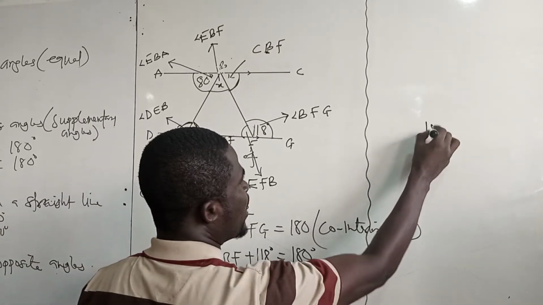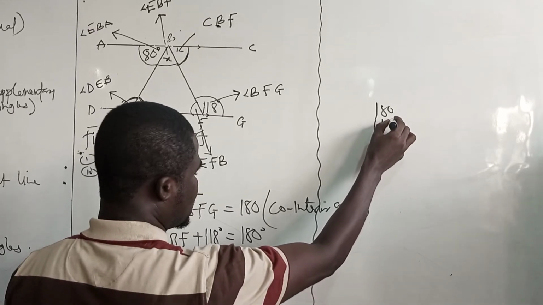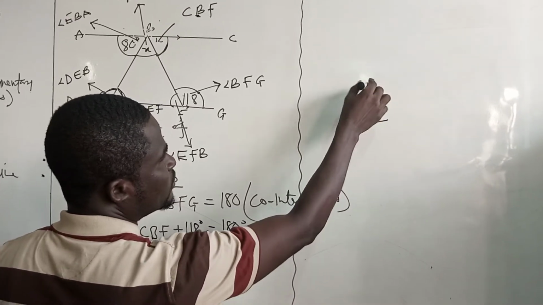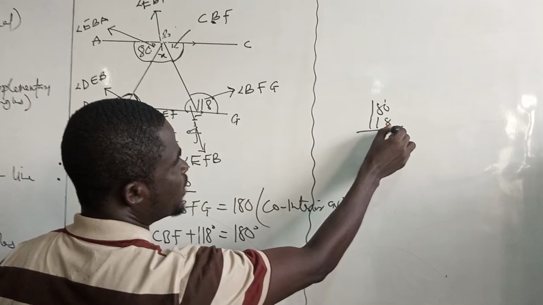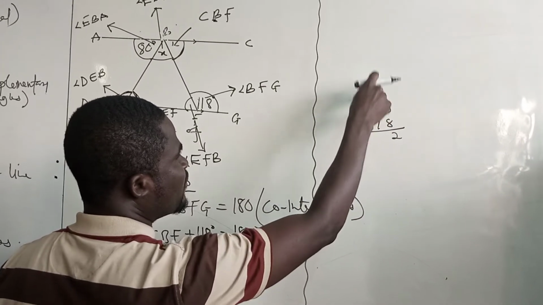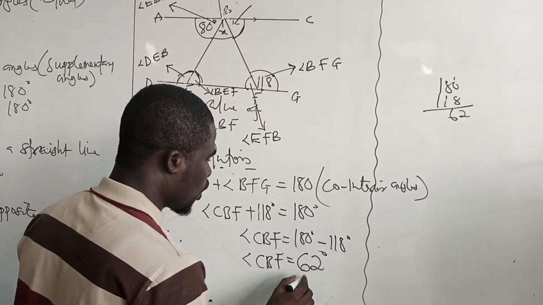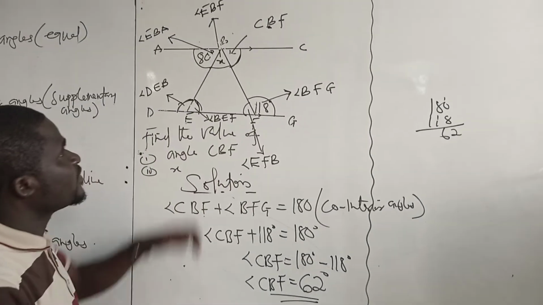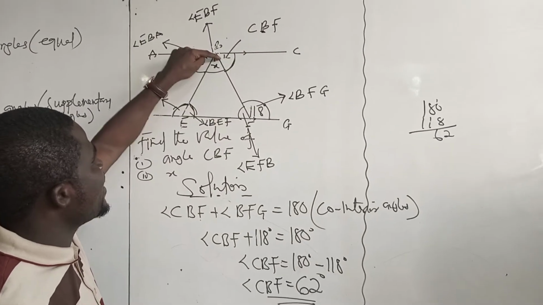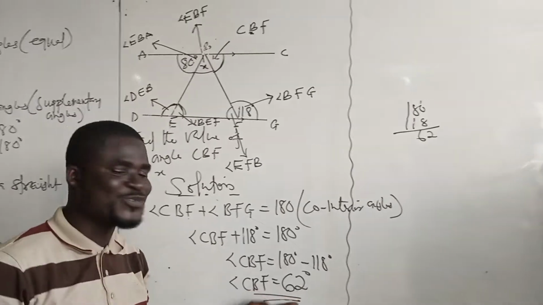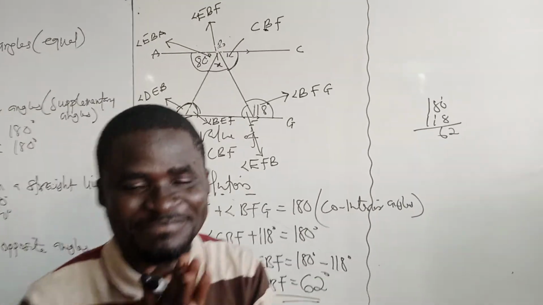Let's try 180 minus 118. Carry 1. 10 minus 8 will be 2. Here will be 7. 7 minus 1, 6. So 62 degrees. Therefore, angle CBF is equal to 62 degrees.